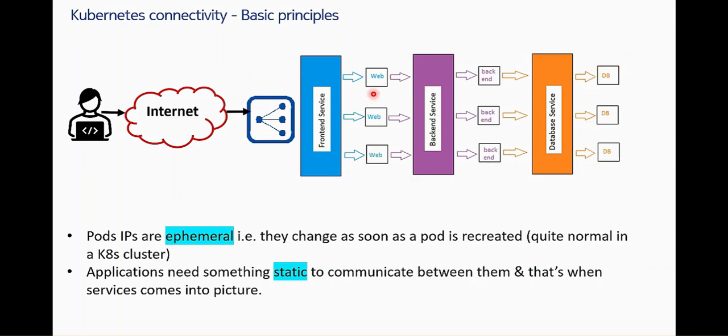So you have three web servers, three backend components, and three databases. These are basically pods: three pods of web, three pods of backend, three pods of DB.